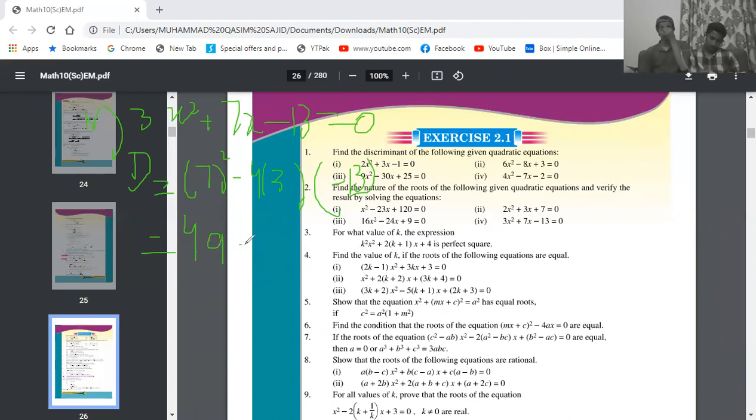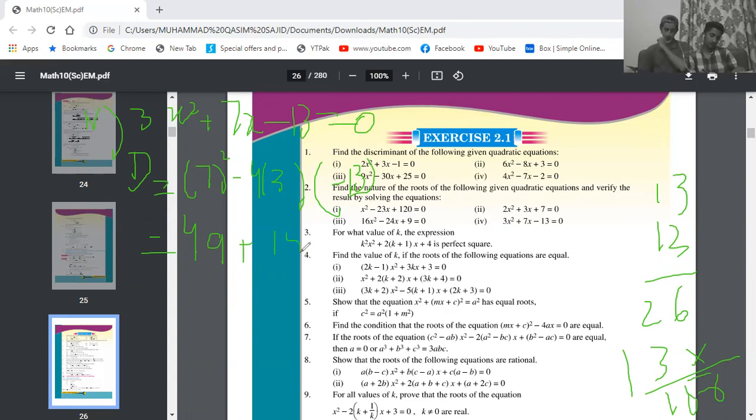Then minus minus plus, 4 times 3 is 12, and we have to multiply 13 with 12. The value is 156. Then add 49. The discriminant equals 205.